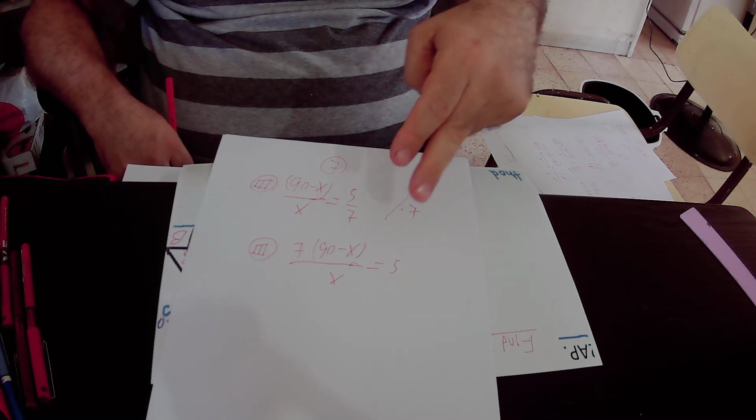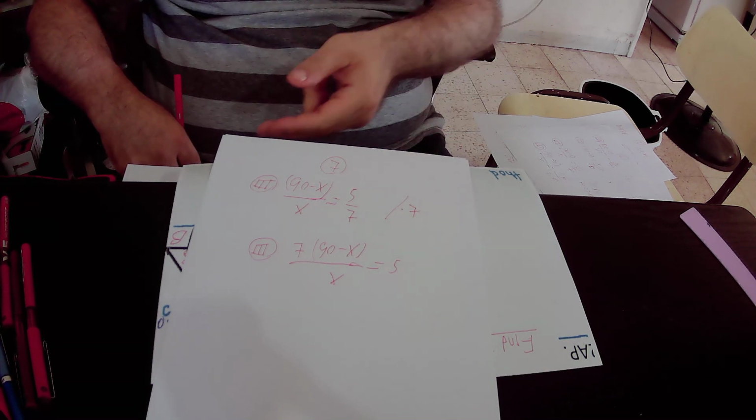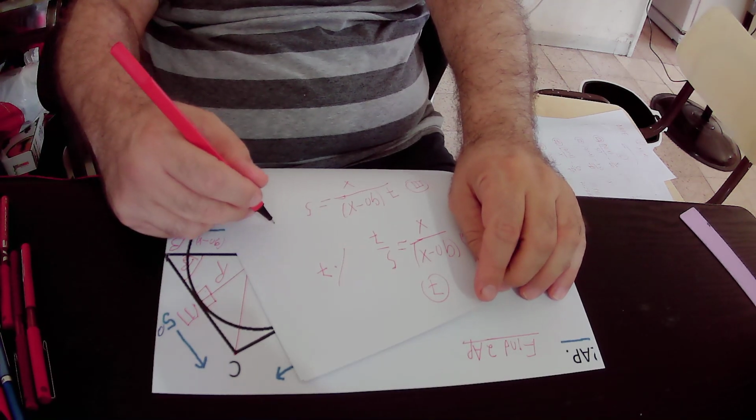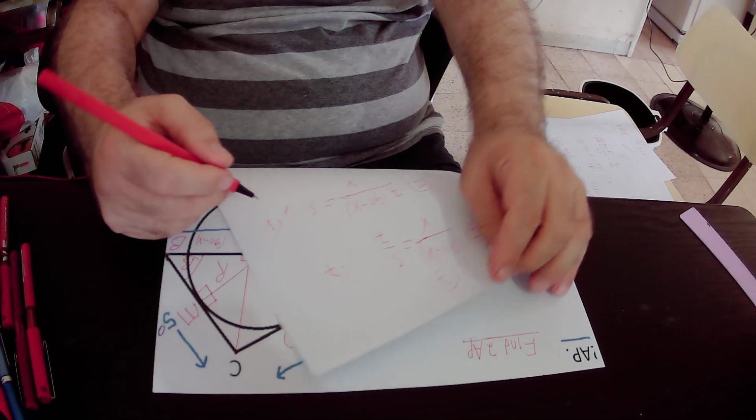Now we'll multiply both sides of the equation by X. I explained to you already that it is allowable because X actually equals AP.